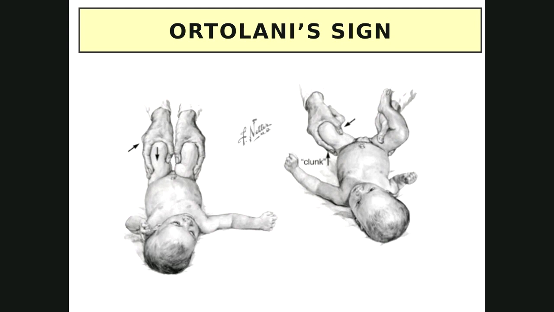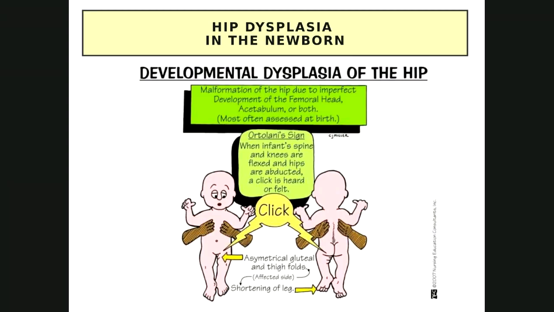I don't know if you necessarily hear it, but you definitely will feel it, okay? And what it is: when the infant's spine and knees are flexed and hips are abducted, a click is heard or felt. There's a malformation of the hip due to imperfect development of the femoral head, acetabulum, and or both. So they're not fitting properly, okay?